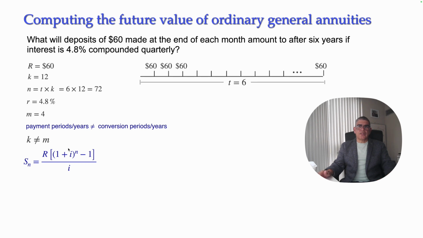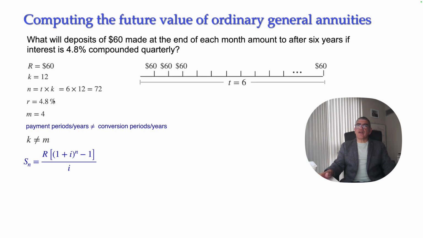So what to do? The idea is to find an i that will be equivalent to the rate of interest that we have, but compounded 12 times per year, so that it compounds as many times as the number of payment periods we have.